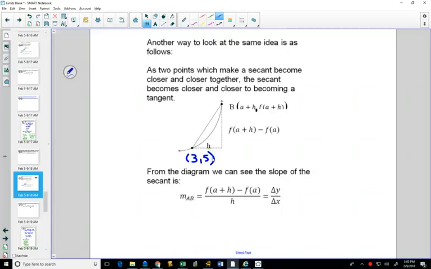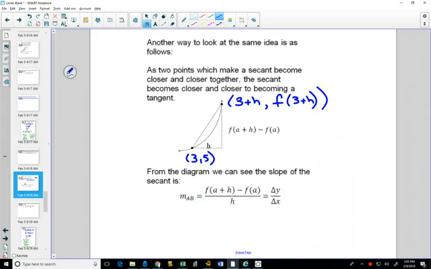That means that this point up here, point B, its coordinates are going to be 3 plus h, because I've gone h to the right, and whatever f of 3 plus h would be. Does that make sense?